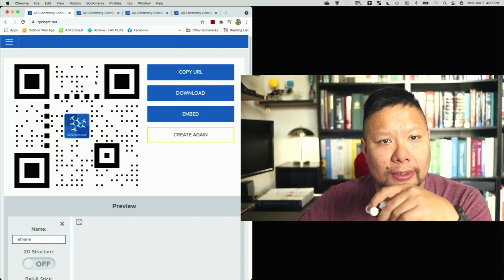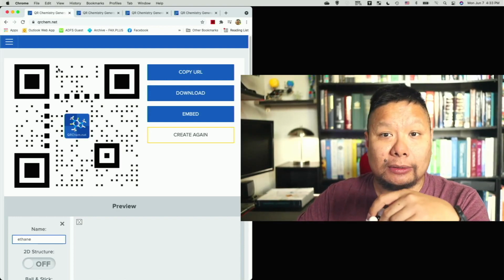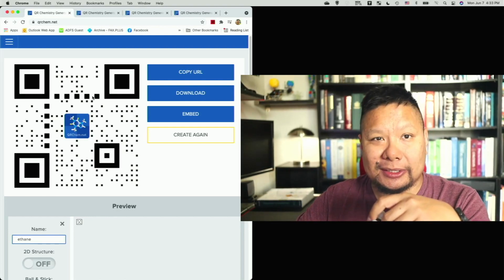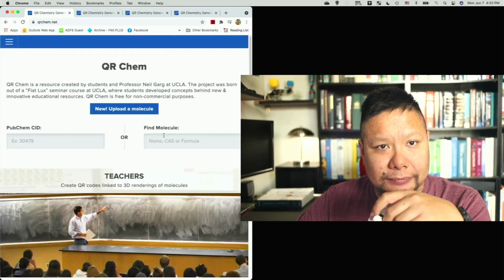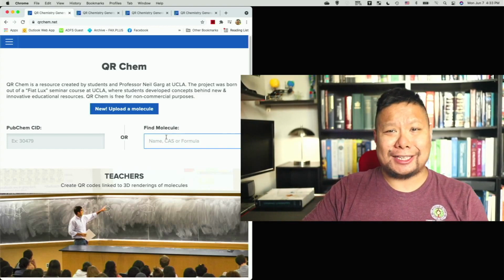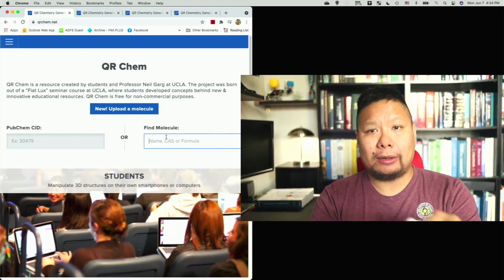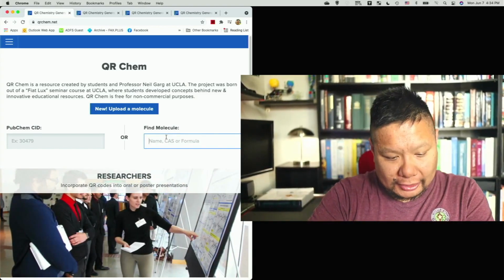What you can do here is visualize molecules in 3D, which is kind of cool. And if you're really into these kinds of things, you can send your friends a QR code so they can see it too. The way you do this is really easy. It looks like I had these ready for you, but I guess they timed out, so I'm going to have to do this again. You want to find a molecule. The molecule we're looking for here is ethane, so I would type in ethane here.